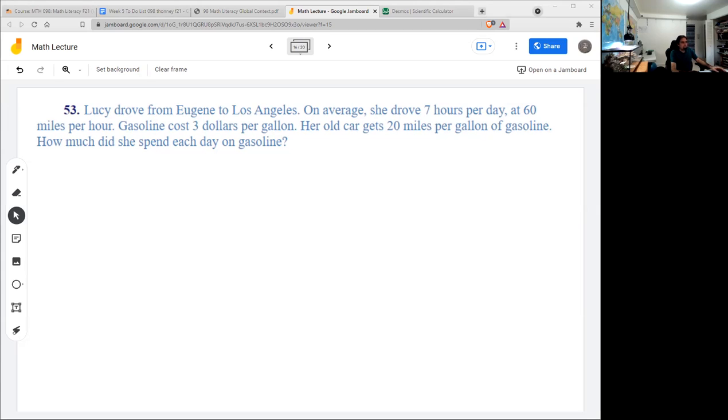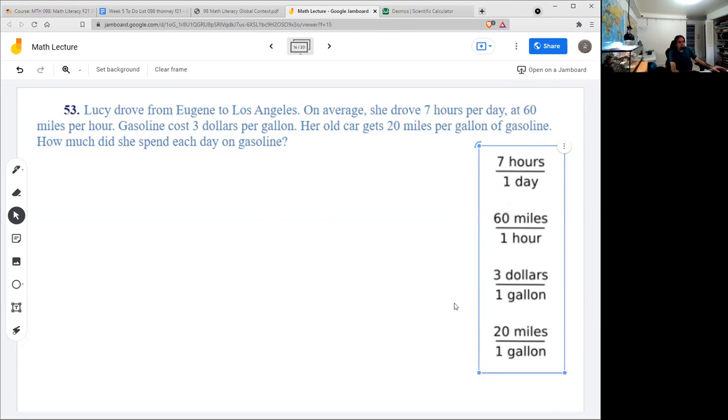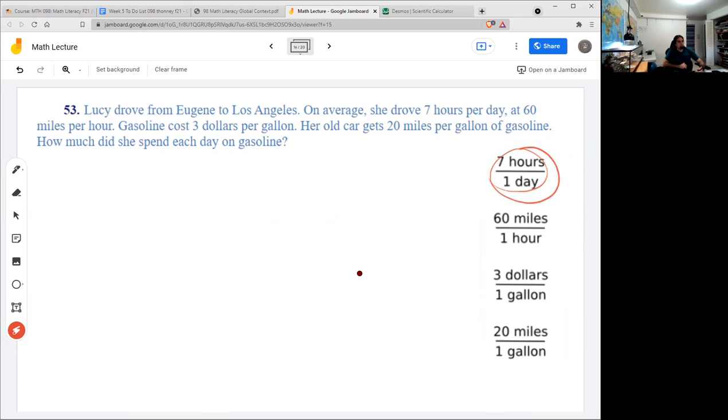I can take this and break apart the rates. We have 4 different rates: 7 hours a day, 60 miles an hour, $3 a gallon, and 20 miles per gallon.